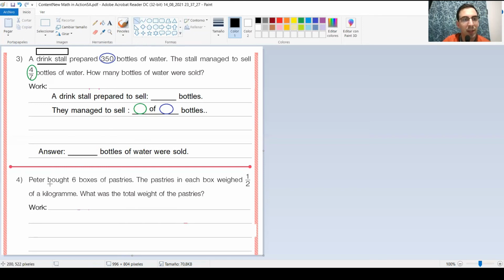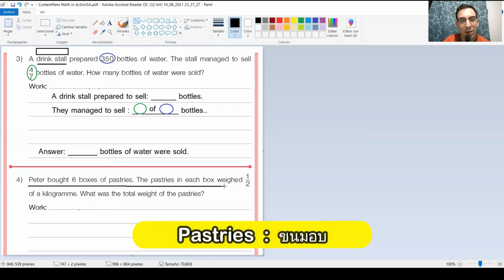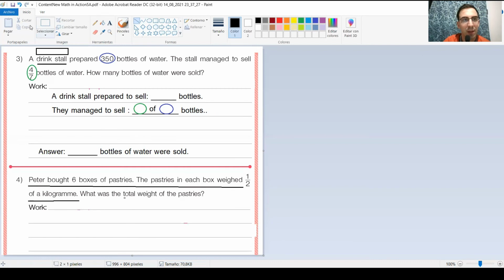Let's read together, please. Peter bought 6 boxes of pastries. The pastries in each box weighed 1/2 of a kilogram. Okay, so Peter bought pastries.